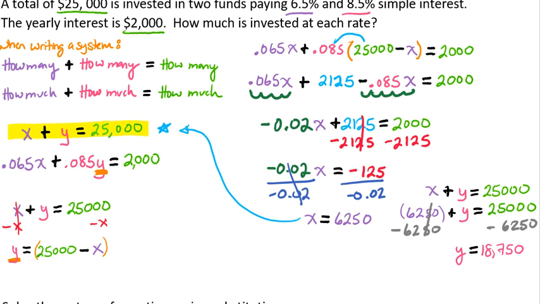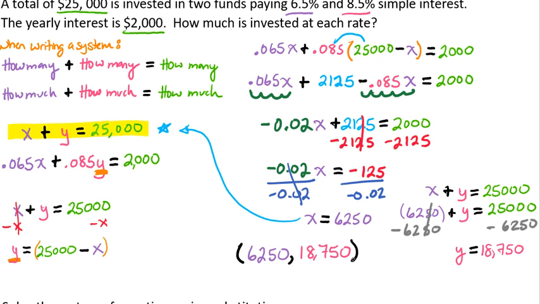As we go to write our answers, we can say that x is 6,250 and y is 18,750. And that's how much was invested at each rate.